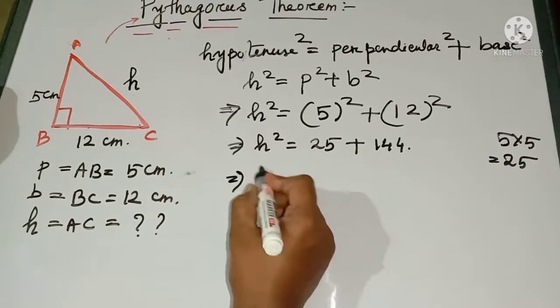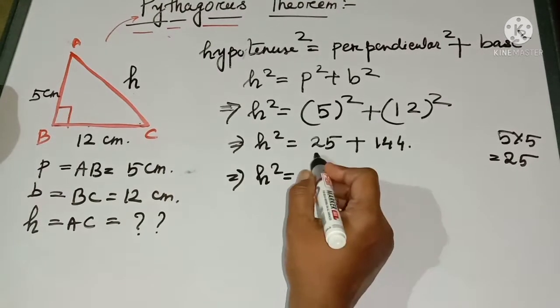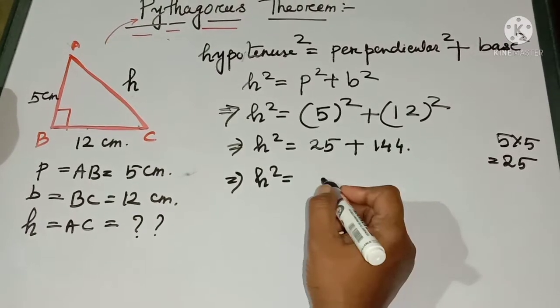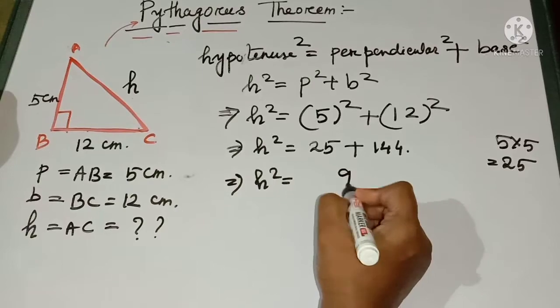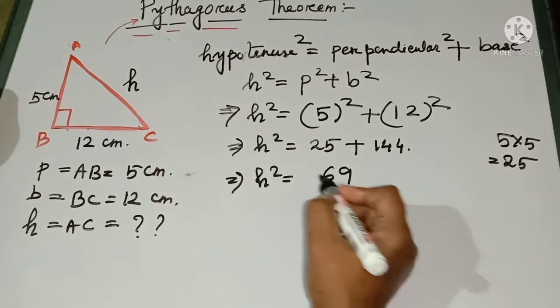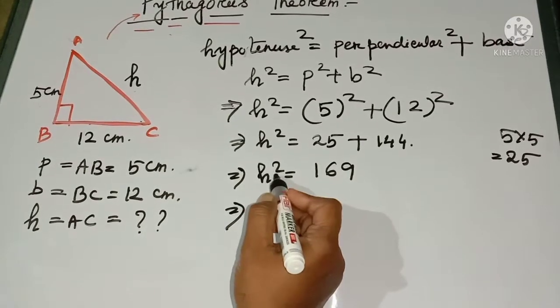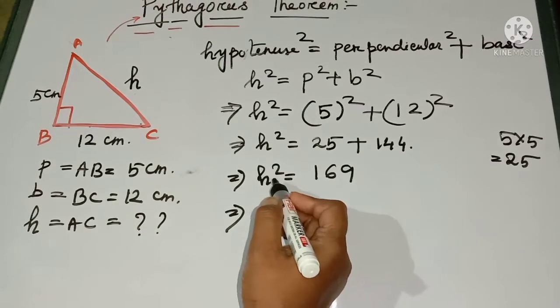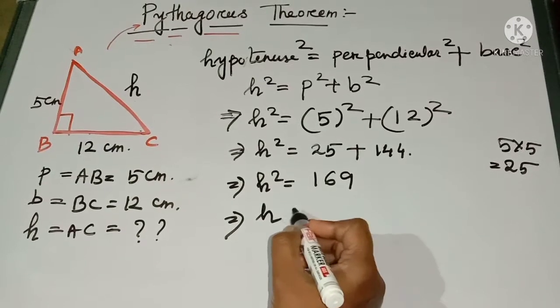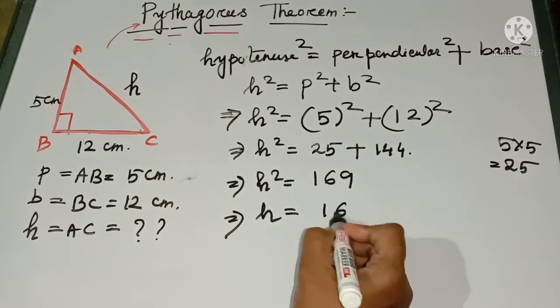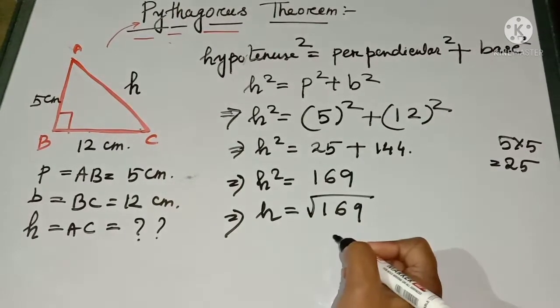Now, hypotenuse square equal to 25 plus 144. What is the answer? It is 169. Now, you have to remove this square. So hypotenuse equal to root over 169.